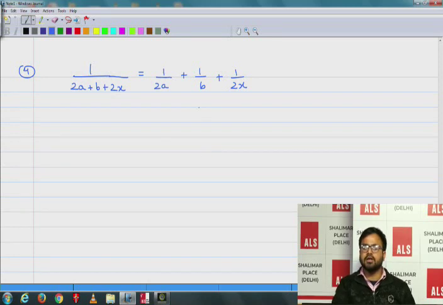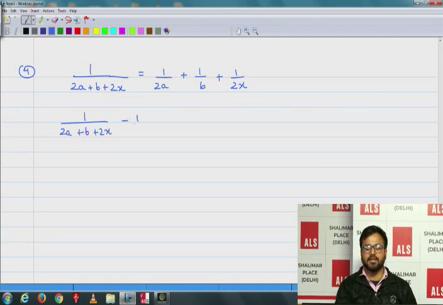So first you can take this 1 upon 2x on the left hand side. Because we are taking the x on the left hand side, the right hand side will be left with these two, and if we take the LCM, this will be 2ab and b plus 2a.